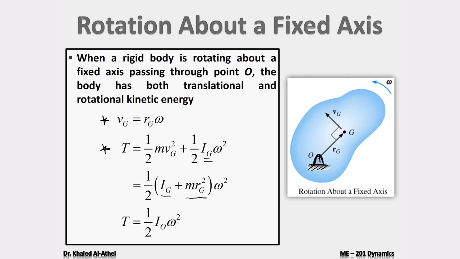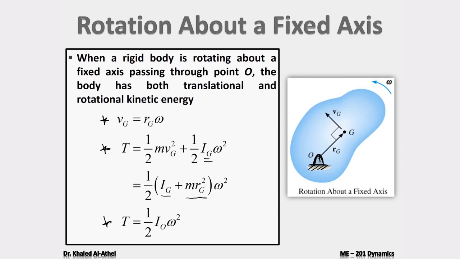Also, you know that IG plus m rG squared, or in other forms that you've seen before, IG plus m d squared, is basically the parallel axis theorem. And this gives you another format: T equals half IO omega squared.